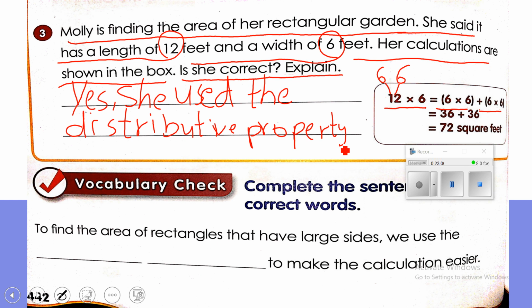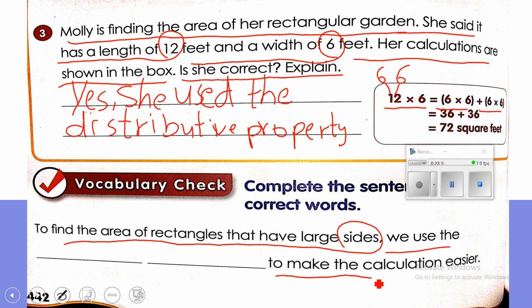Now vocabulary check. To find the area of a rectangle that has large sides, we use the blank to make the calculation easier. Yes, the properties. What do you call it? Commutative or distributive?